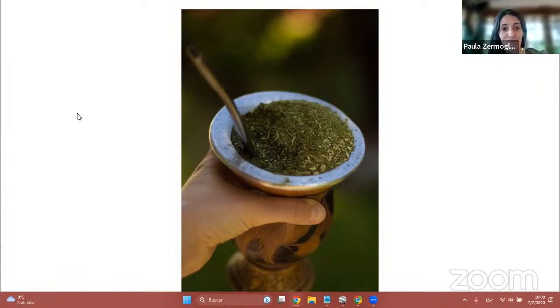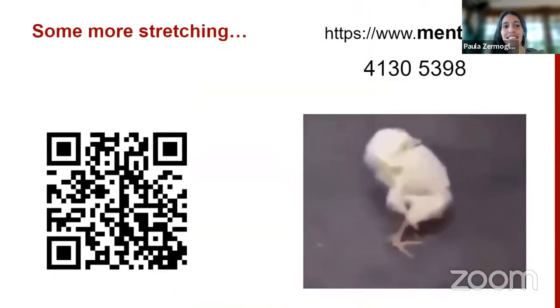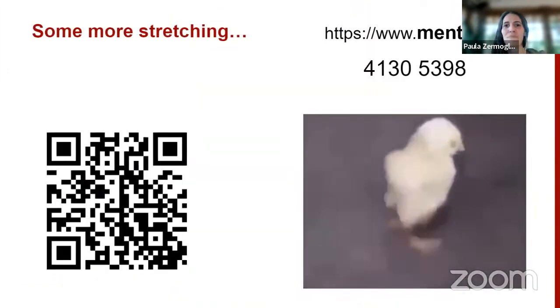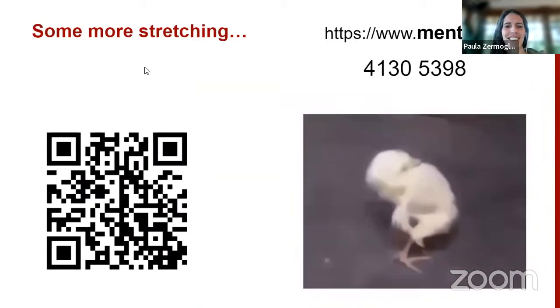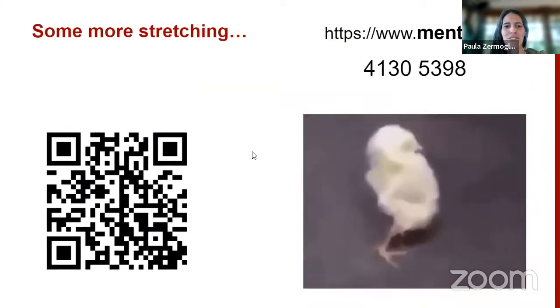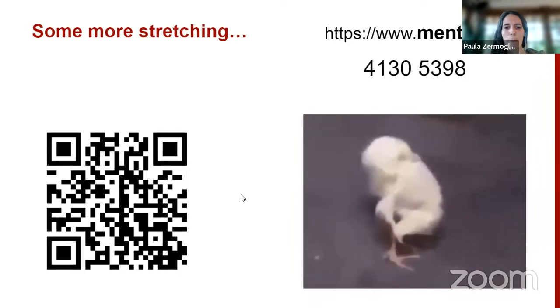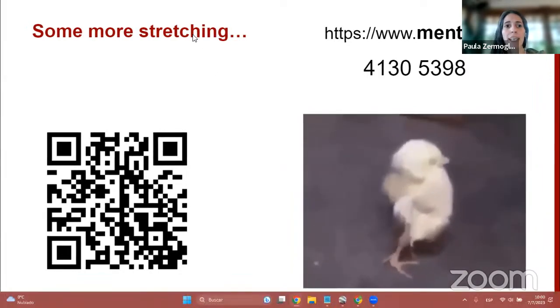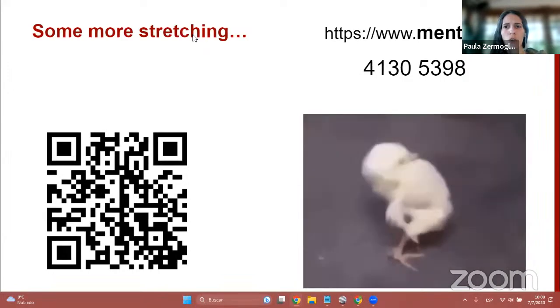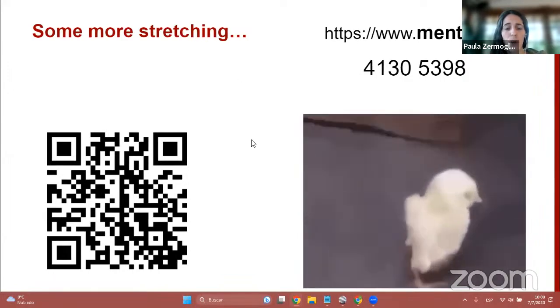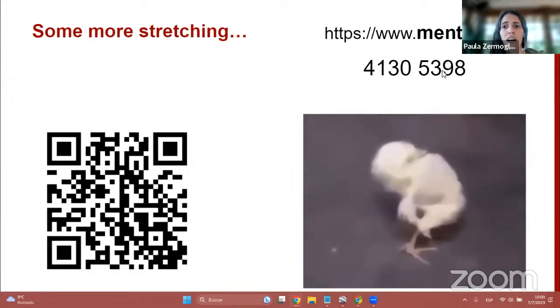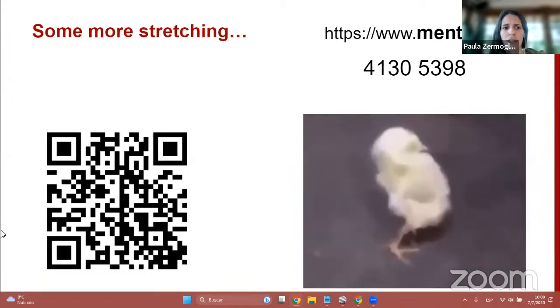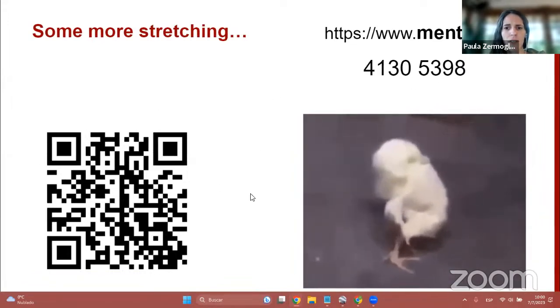Okay, so that said, let's do some more stretching, some more exercises, and see what happens with the concepts of particularly module 2 now. So I invite you to go to the Menti webpage and introduce this other code here on the screen. You can also access it through the QR code.